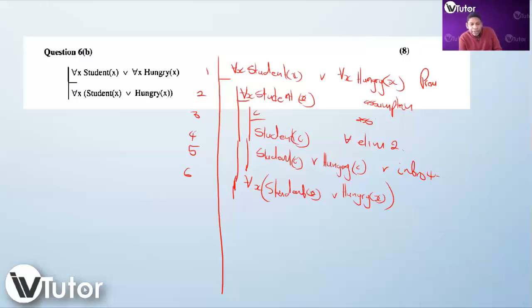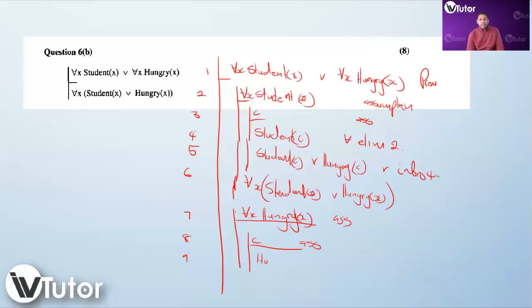Now let's go to the second side of the disjunction, where we're going to repeat more or less the same thing. Number 7, we're going to say ∀x hungry(x). And then number 8 is the C assumption. This is also an assumption. Number 9, we have hungry(C).